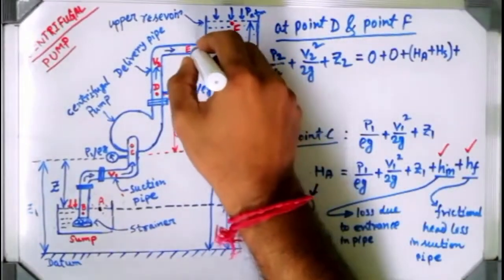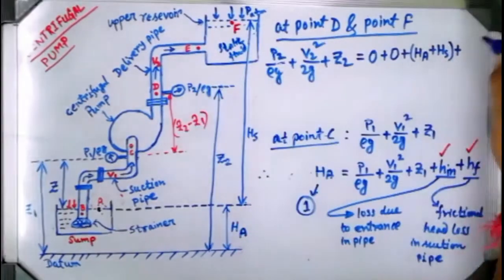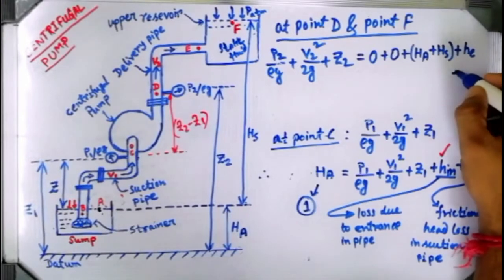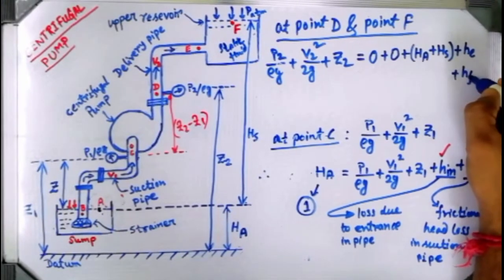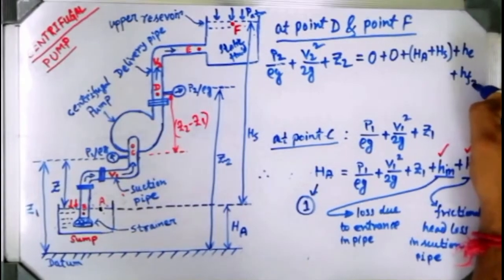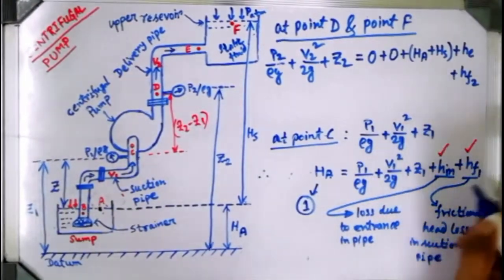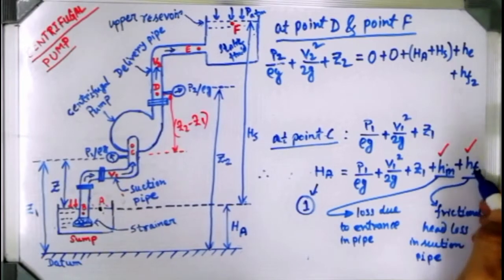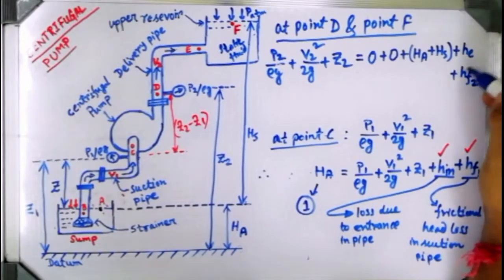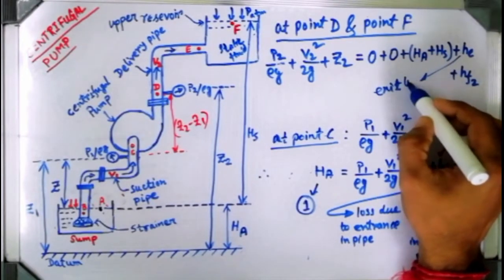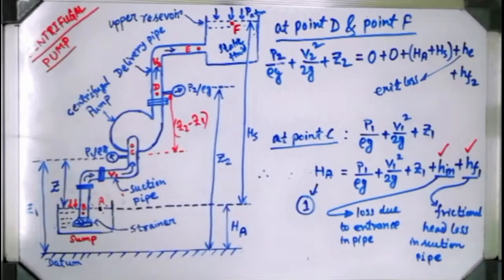One loss will be at the exit of the pipe, I name it HE, and one will be the head loss due to friction, I name it HF2. This one is HF1, that means for the inlet pipe. This is HF2, the head loss due to friction for the delivery pipe, and this is the exit loss from the pipe.